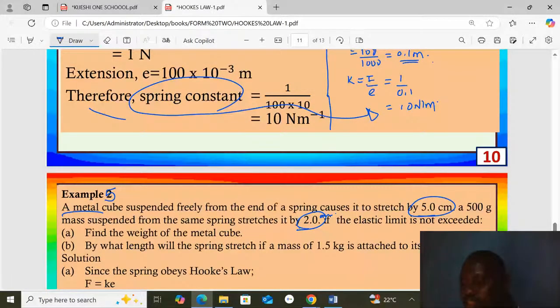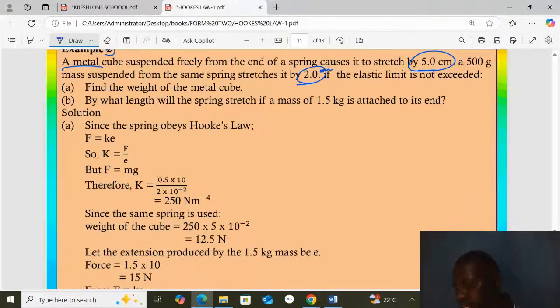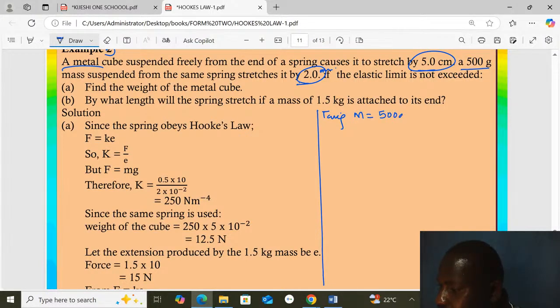The first thing, when you're having a question like this, is that you're comparing two weights. Then you need to pick the case where we have the known mass and the extension. Taking the mass as 500 grams, our weight or force will be 500 divided by 1000 times 10.